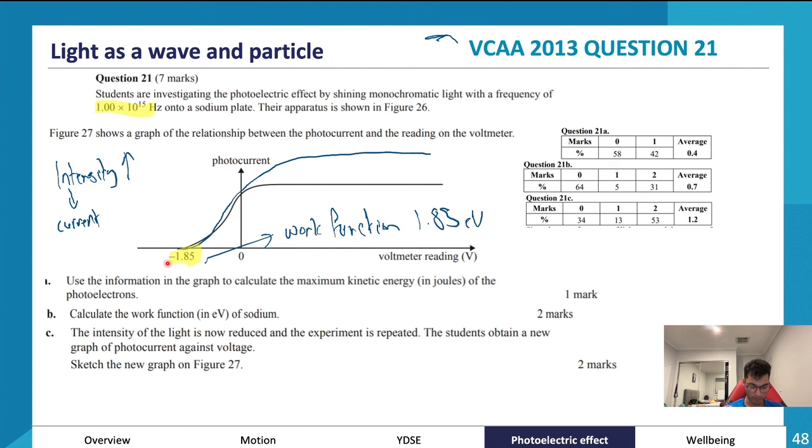So this is the minimum amount of energy that you need to actually emit photoelectrons. Oh, sorry. This is, yeah.